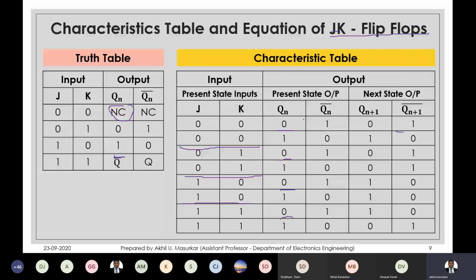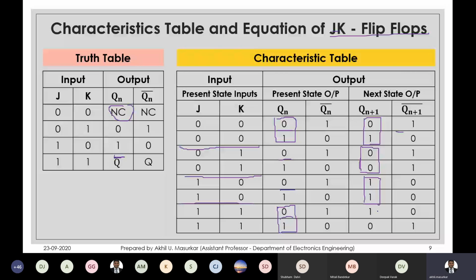Then we have reset. Whatever the present state output may be, the next state output will be 0. Then here you have 11, and if the present state output is 0, the next state output will be 1.